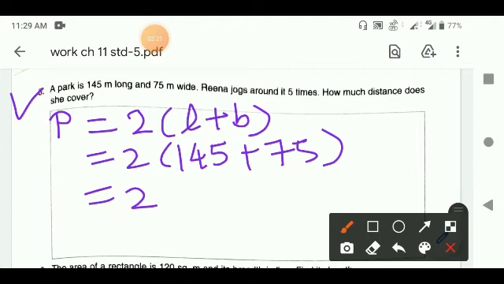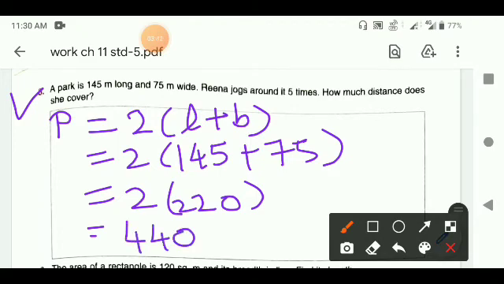Is equal to 2. If we add this, we will get 220. So here if we multiply 2 by 220, we will get 440. Now here it is written, Reena jogs around it 5 times.